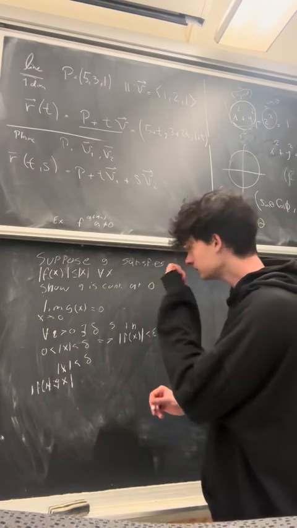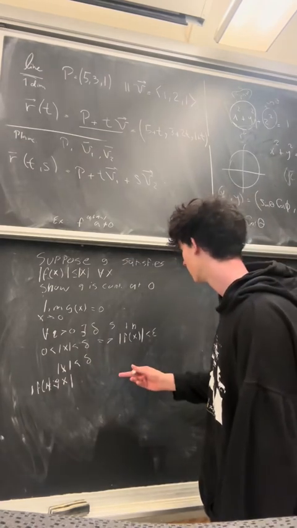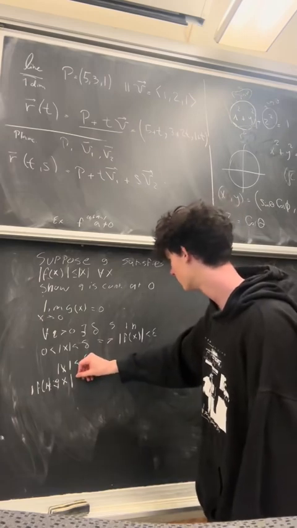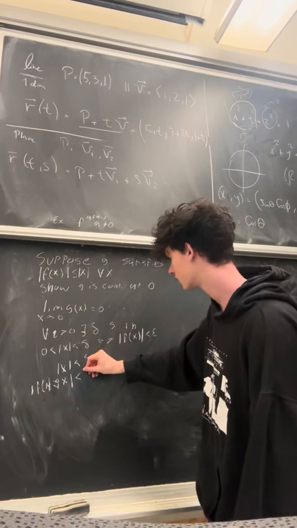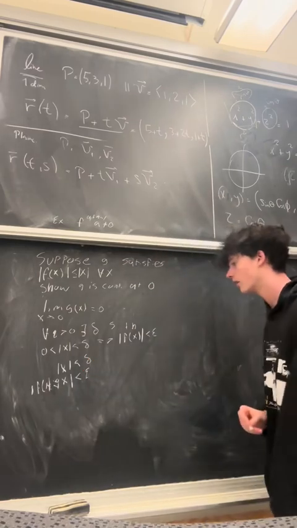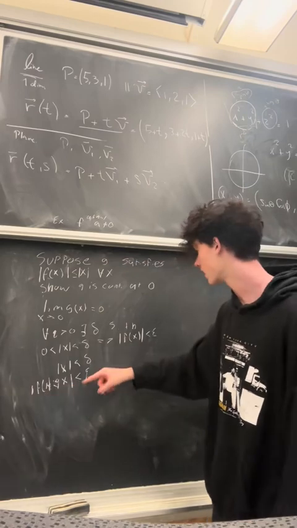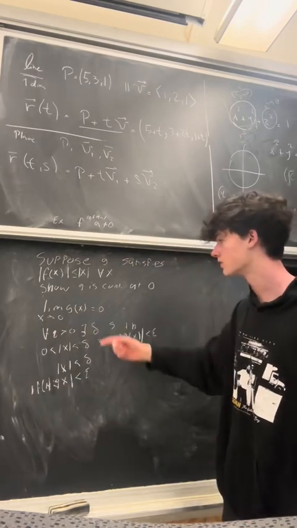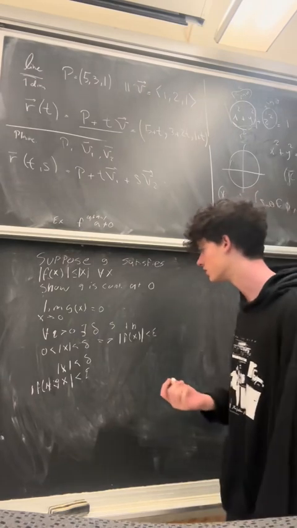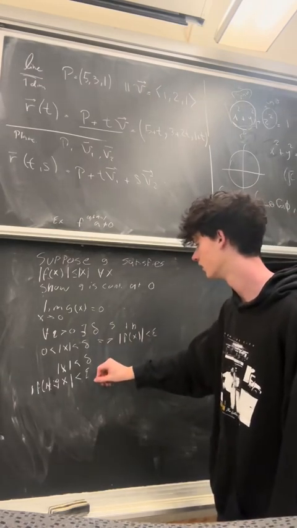Well, if we let delta equal epsilon, then this is just less than epsilon. And so we've shown right here that the absolute value of g of x is less than epsilon. And so now that we know that this statement is true, we know that this limit is equal to 0, and so we can just conclude that g of 0 equals 0. So we've shown this true. That's all we have to do.